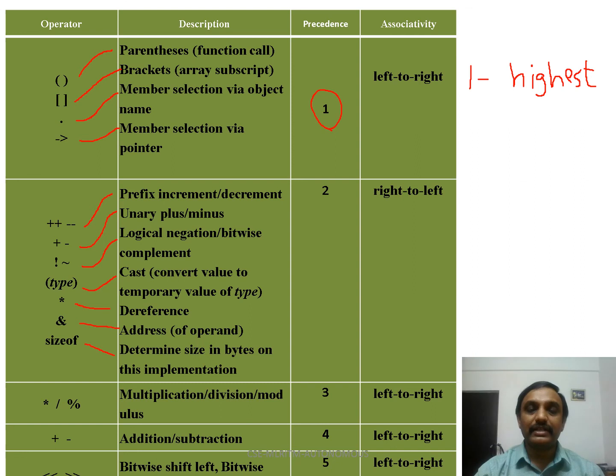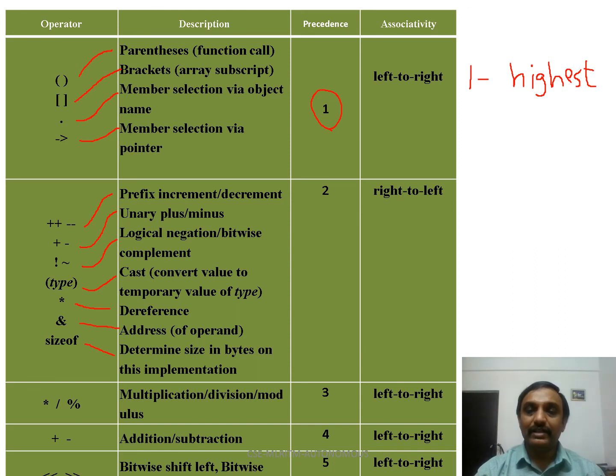So these operators have the second priority. Next one is multiplication, division, modulus operator, which has the third priority. Addition, subtraction has the fourth priority. Bitwise left shift and right shift has the fifth priority.